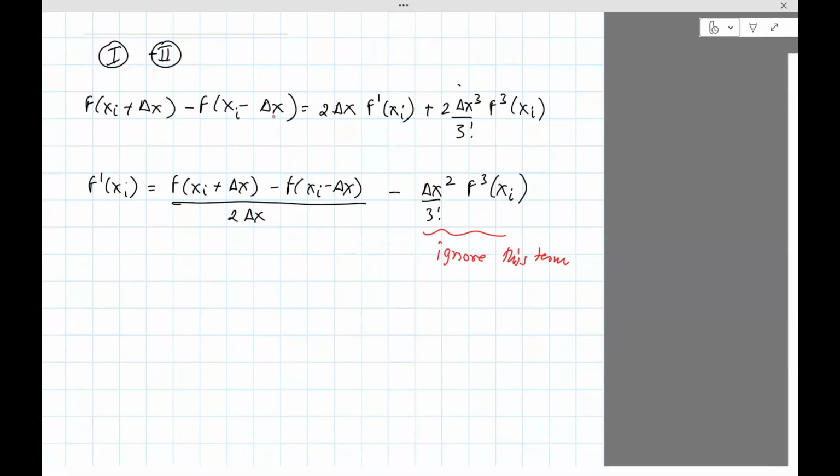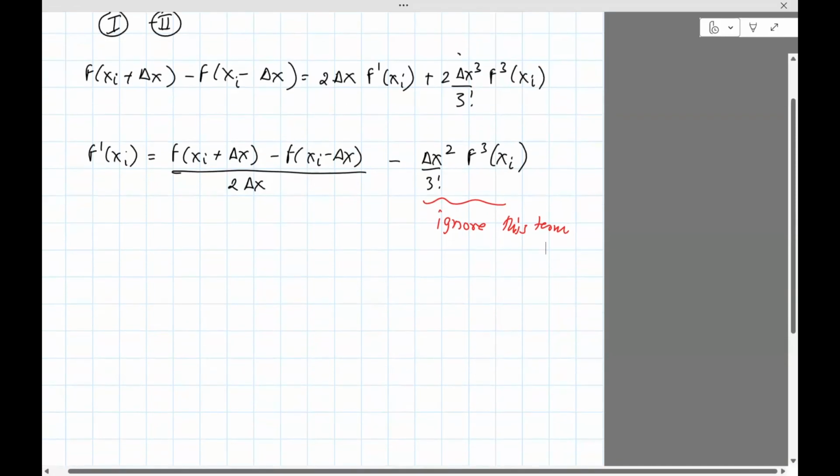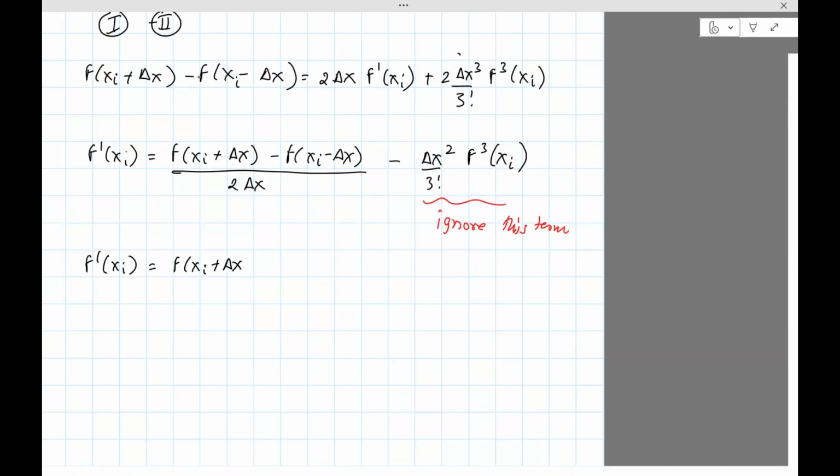The reason I ignore it is that term is going to be small enough that I don't care about the effect of delta x square. So we can write this formula as f prime of xi is f of xi plus delta x minus f of xi minus delta x divided by 2 delta x plus, this is how they'll write it, order delta x square.